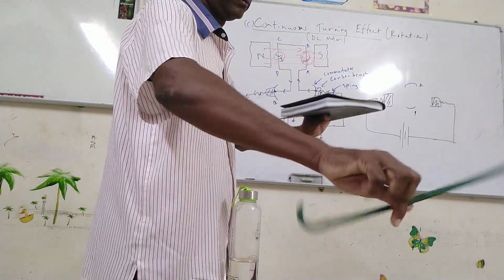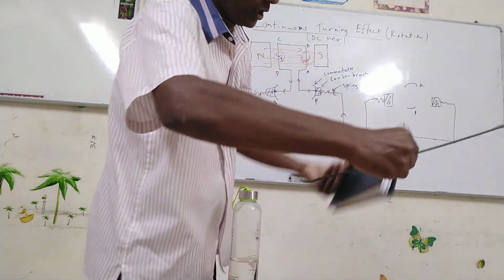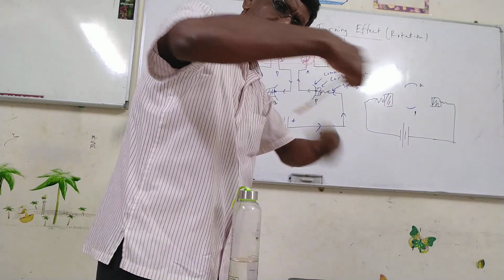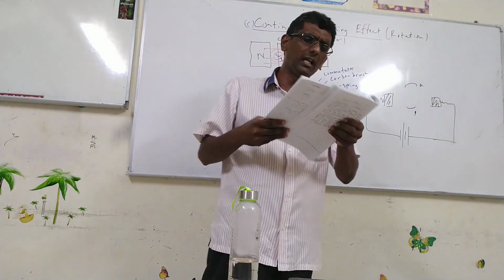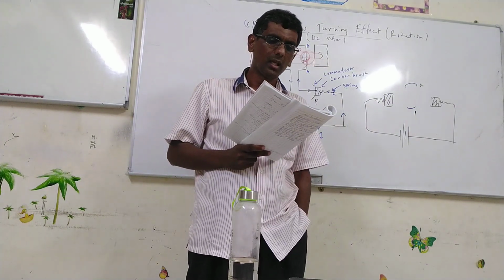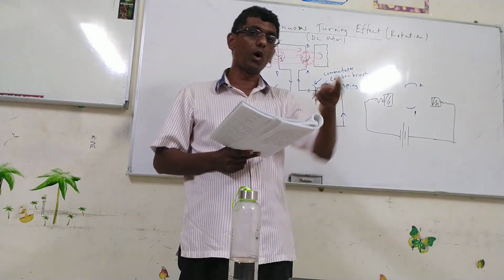It's anti-clockwise. The coil rotates in one direction. So the function of the commutator is to change the direction of current every half turn, so that the coil rotates in one direction.